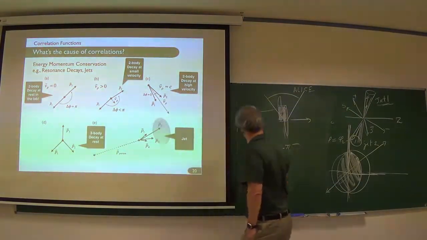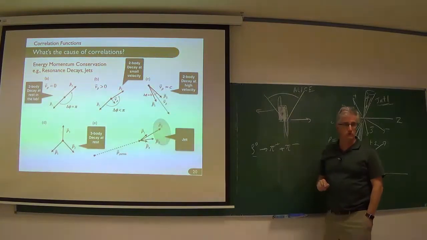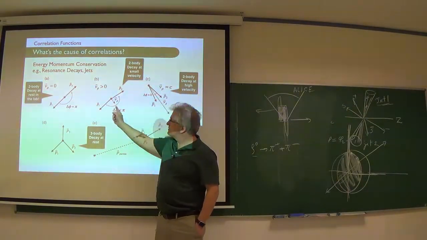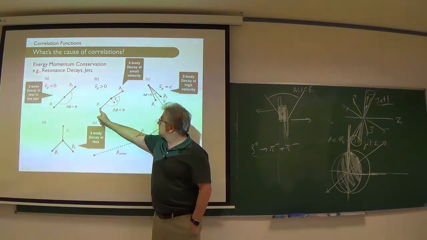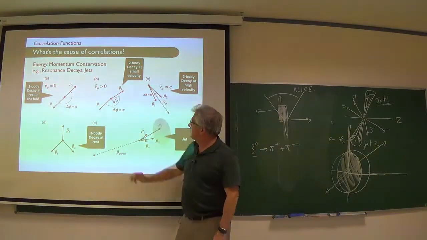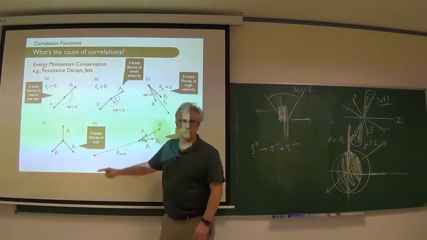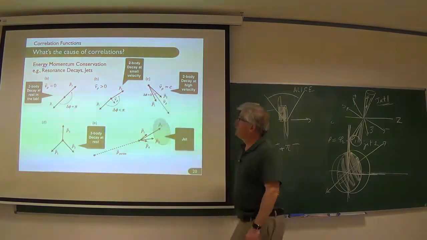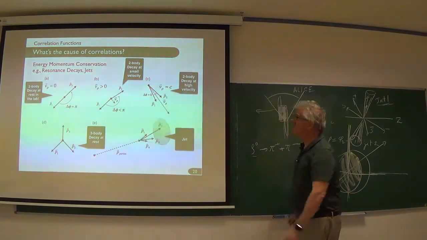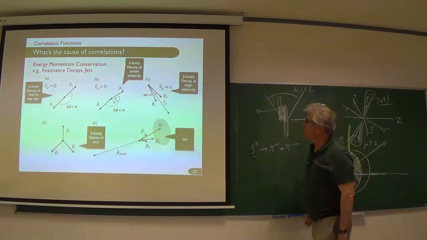Now imagine that this rho is itself in motion. If it's in slow motion, then its motion will mean that the pions will be deflected in the lab frame. And so there will be some large angle, but not pi. Imagine that this rho now is at large momentum, large velocity compared to the speed of light.